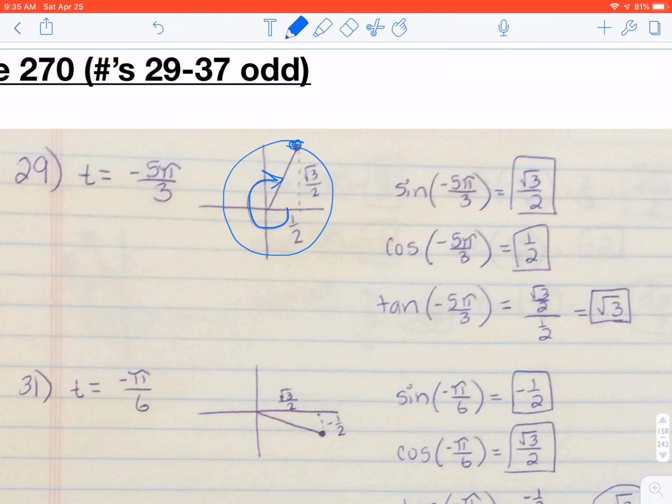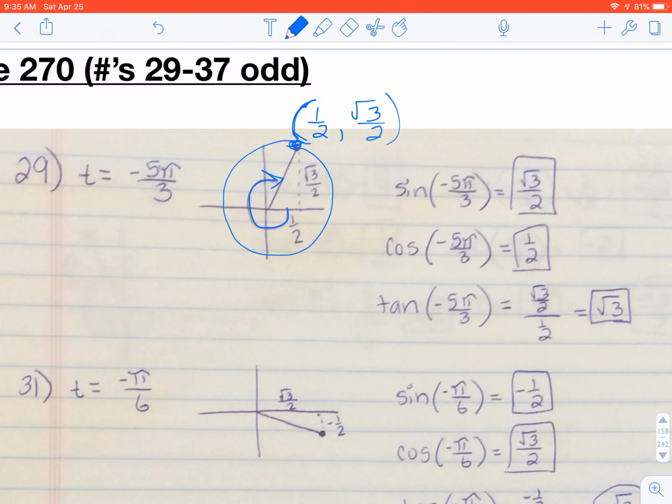Okay, if you want to write the ordered pair of that location, since we're in quadrant 1, it's positive. So it's 1/2, which is your cosine, and your sine is square root 3 over 2. So I think writing that ordered pair probably helps you a lot still at this point.